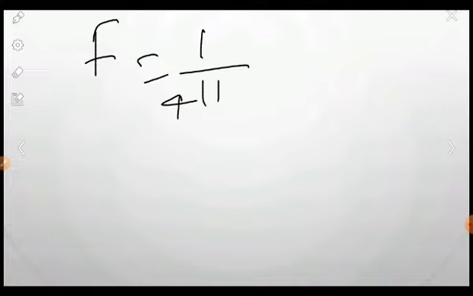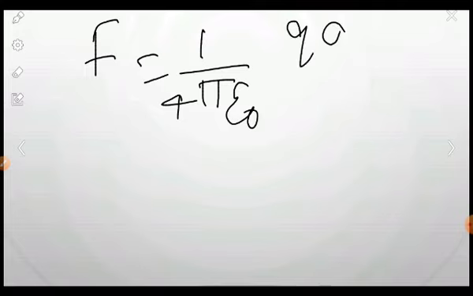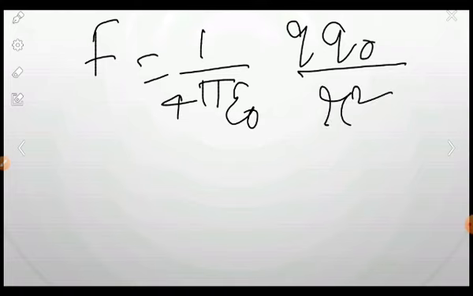So the force between the charge Q and Q naught is 1 divided by 4 pi epsilon naught Q Q naught, this is Q1 Q2, divided by R square. This is the force acting between the two charges.